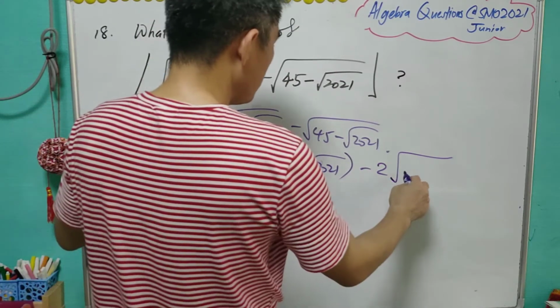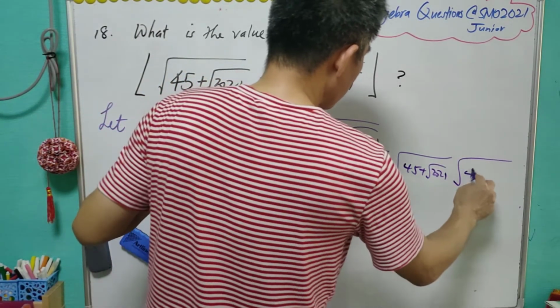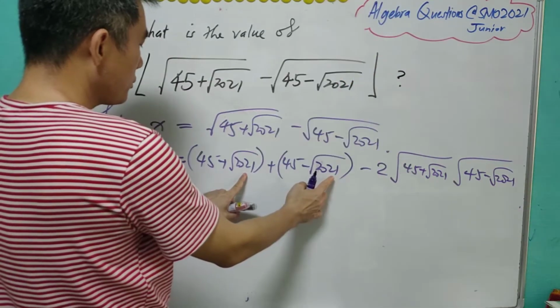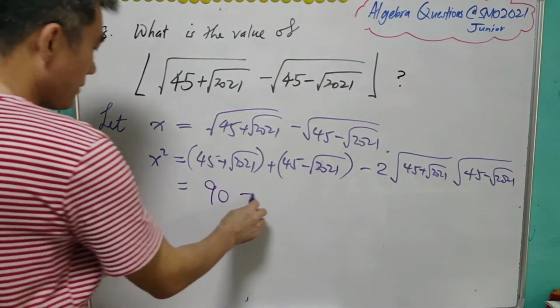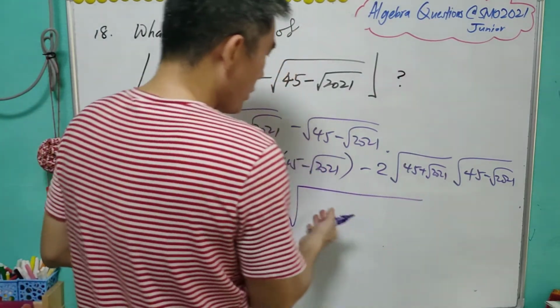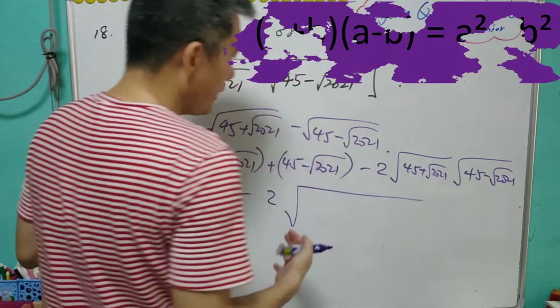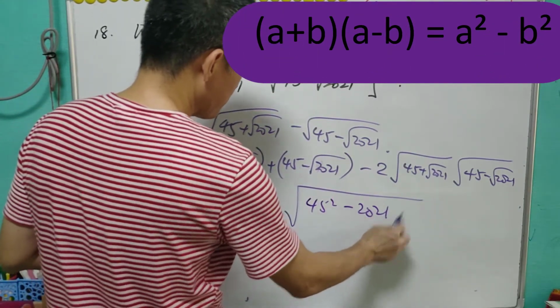That is equal to 45 plus the square root of 2021, plus 45 minus the square root of 2021, minus 2 times the square root of the product. The square root of 2021 will be cancelled off, and we have 90 minus 2. We can make it as a big square root. So this is a minus b times a plus b, it will be a squared minus b squared.